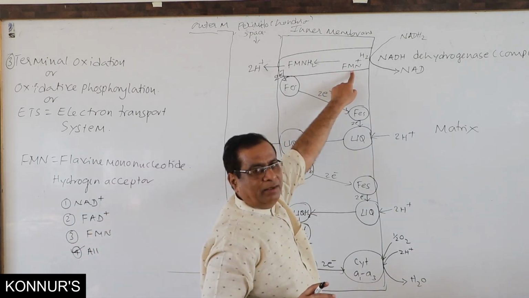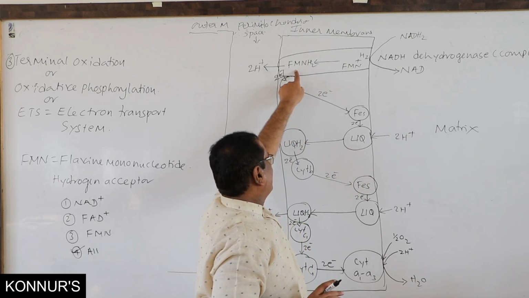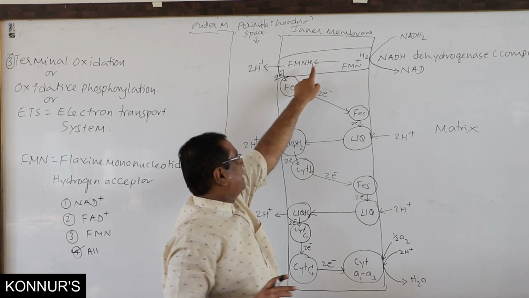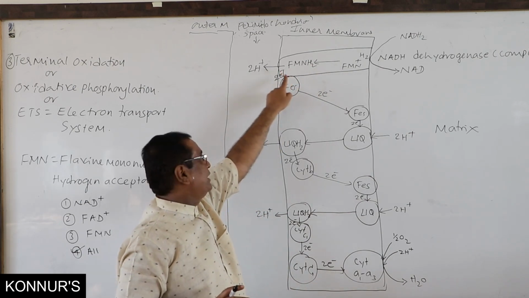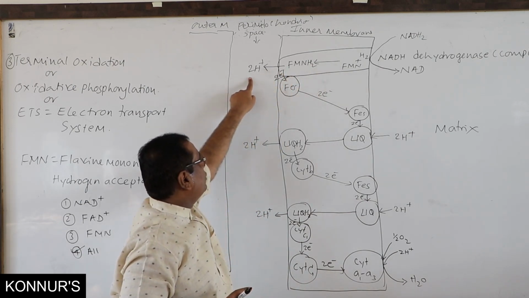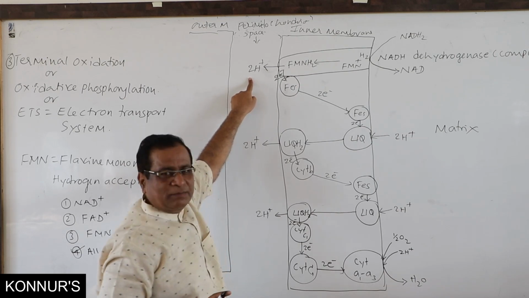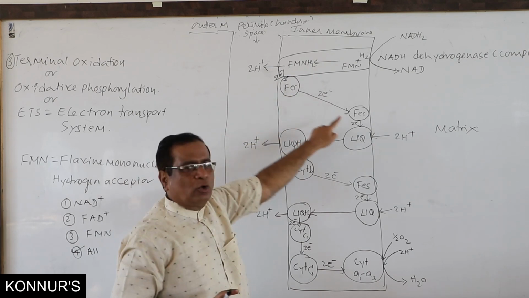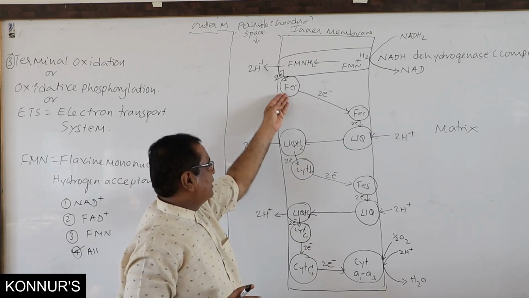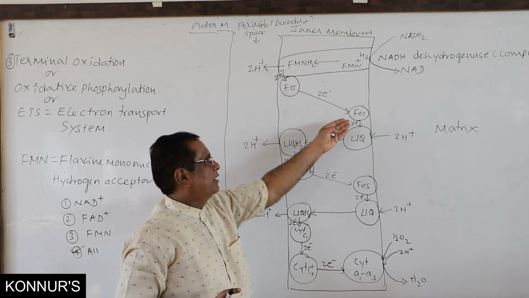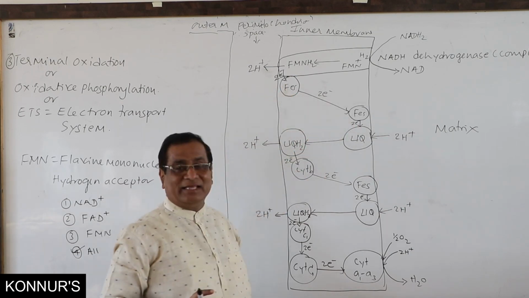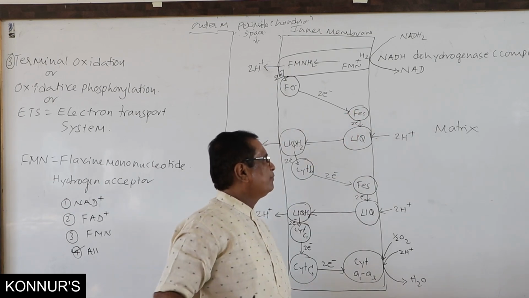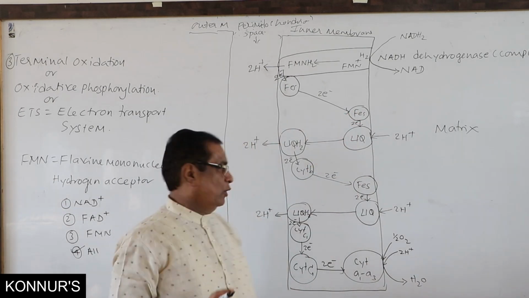See here, FMN receives hydrogen, gets reduced to flavin mononucleotide, and that hydrogen undergoes splitting. Protons are pumped into the perimitochondrial space and electrons move through the electron acceptors like ferrous sulfide, through which electrons flow in the membrane, and now they are received by ubiquinone.